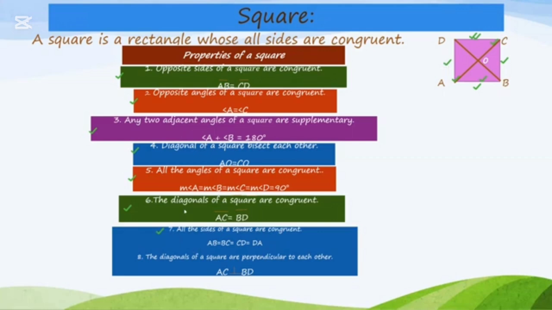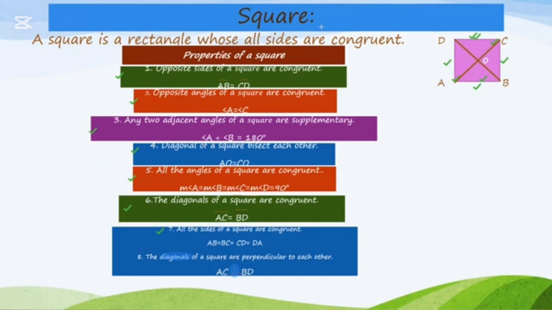Now the last property of square is of diagonals. The diagonals of the square are perpendicular to each other. Perpendicular means here AC and BD, when they intersect each other, they are perpendicular.